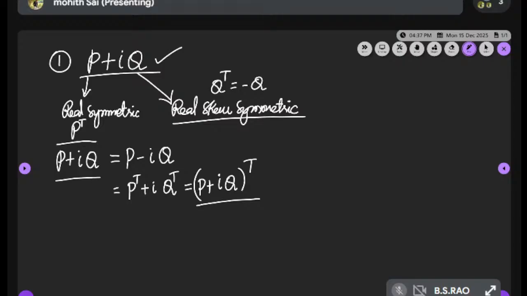P plus IQ is Hermitian. Have you written? Yes or no? Right, next.